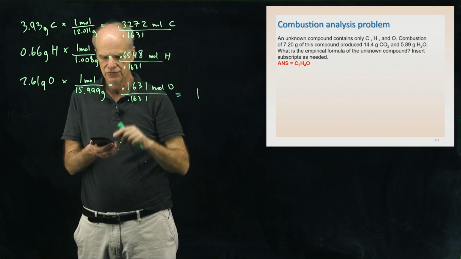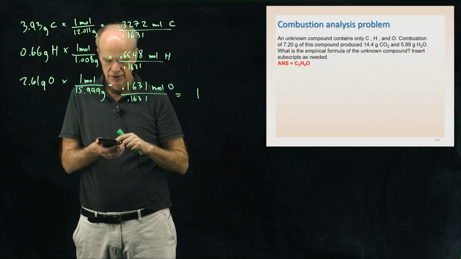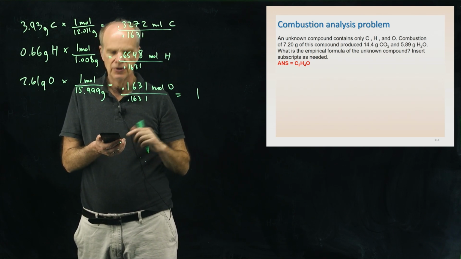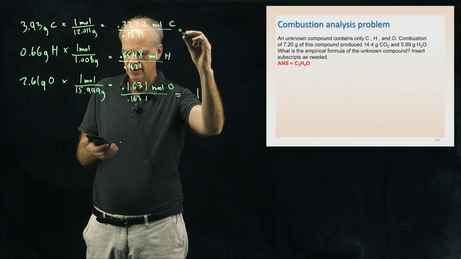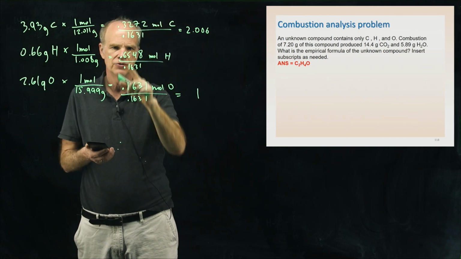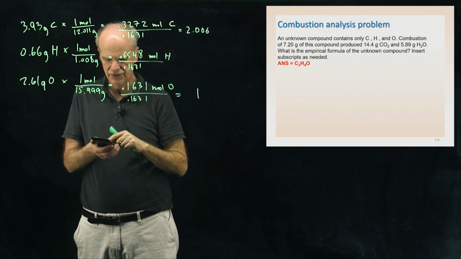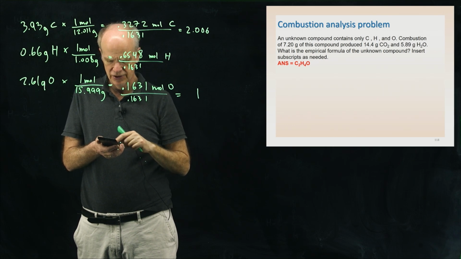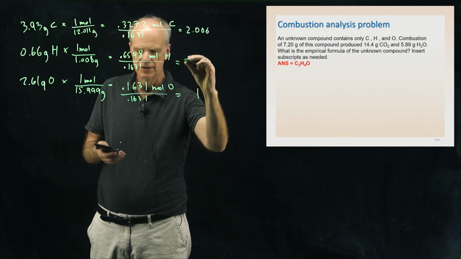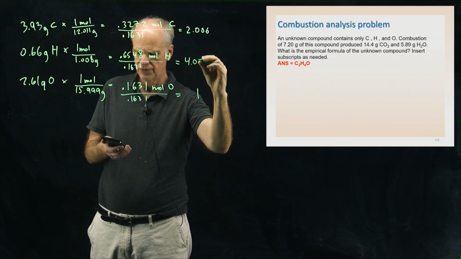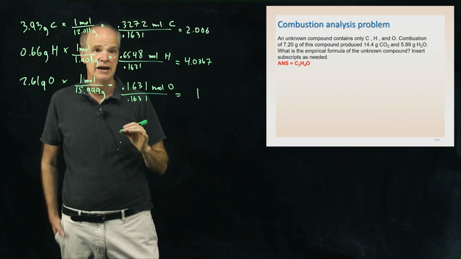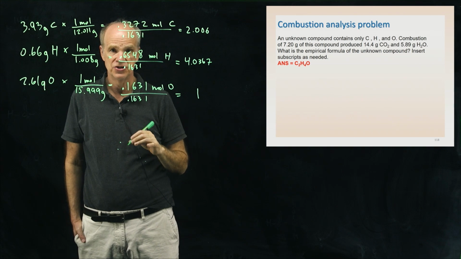Okay, let me take 0.3272 and divide it by 0.1631. So I get 2.006. And we'll do this, 0.6584 divided by 0.1631. And I get 4.0367.